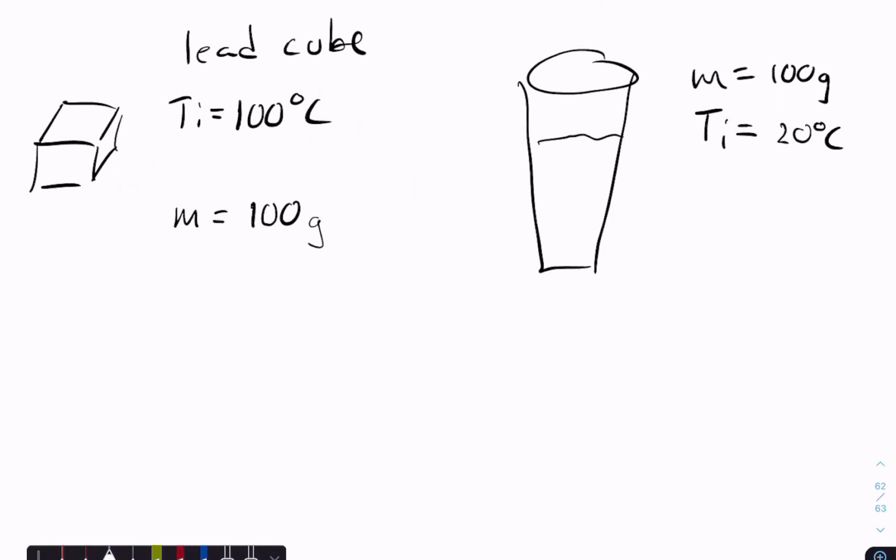So this lead cube has some amount of energy Q. And when we put that lead cube into the water, all of its heat is going to get transferred into the water. And then, yeah, it might make a little bit of steam, but the temperature of the water is going to rise, and it's going to rise by that Q from the metal. So C for the metal is going to be 0.128.